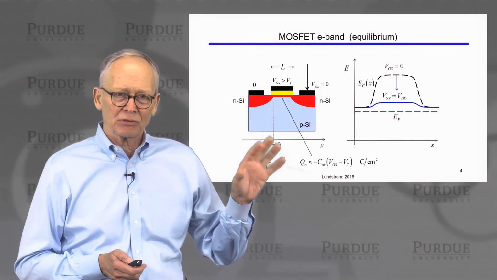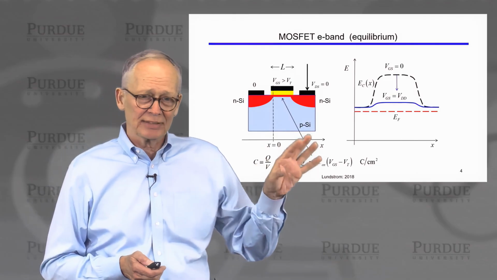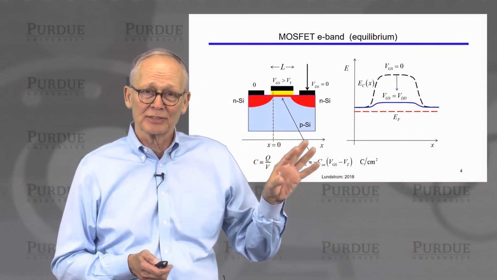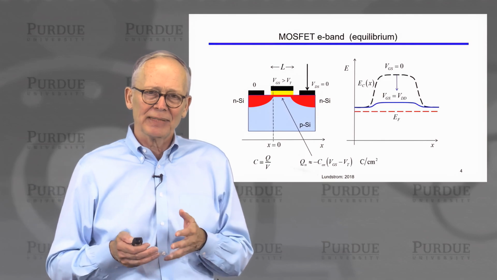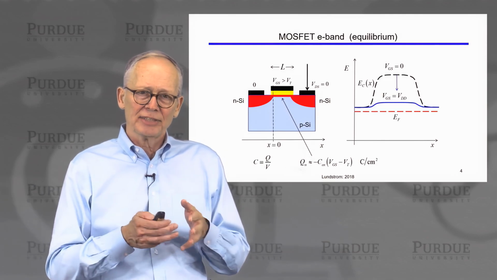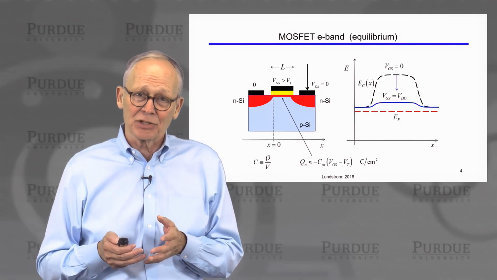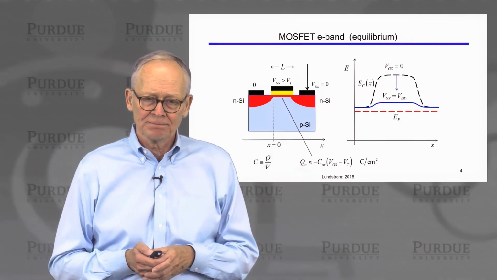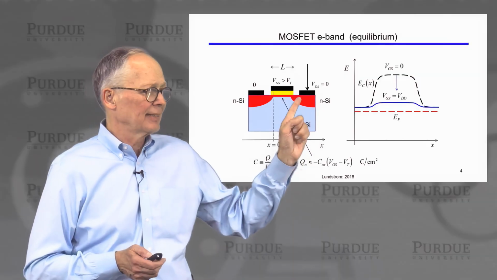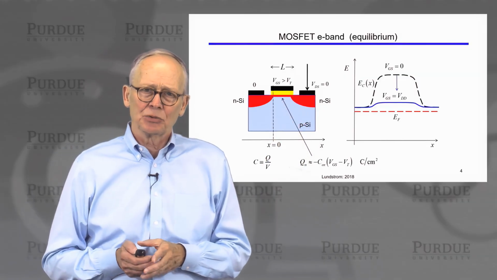We are going to describe the charge in there very simply, and we'll discuss in the next unit where this expression comes from. But you remember that the definition of capacitance comes from charge is equal to capacitance times voltage. It's a negative charge because these are electrons, so that's what the negative sign is doing here. The capacitance is the capacitance of this oxide layer, but it's not the total voltage.